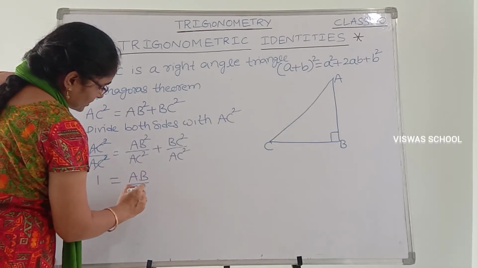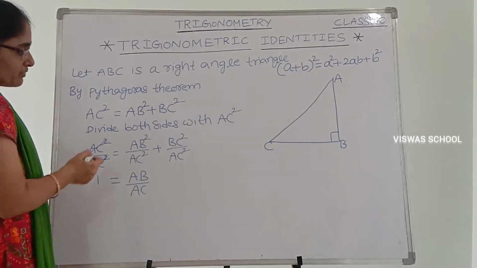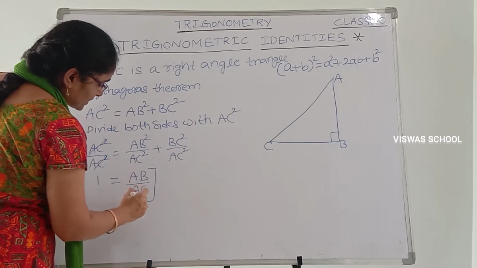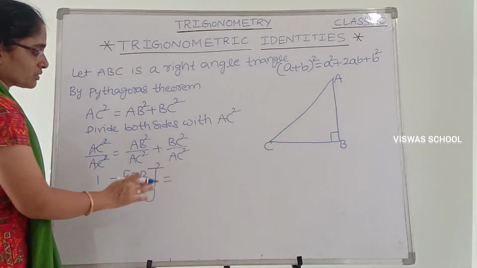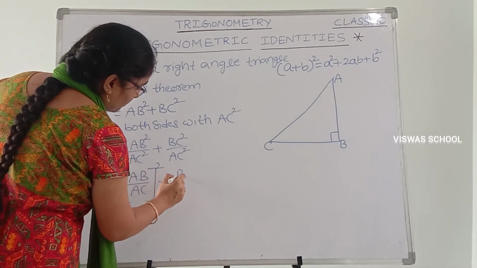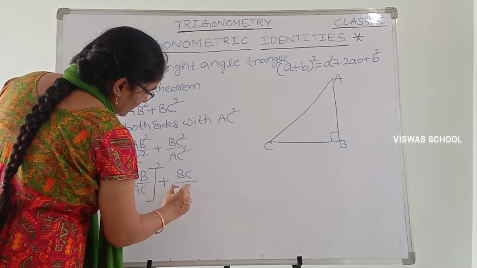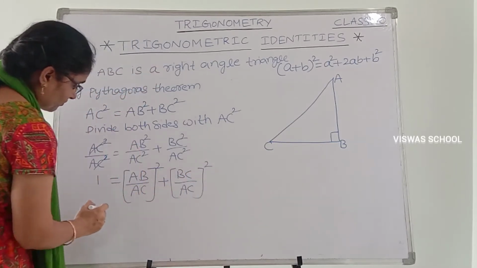1 is equal to, write this as AB by AC. Here AB square and AC square, numerator and denominator both have square. That's why I am writing this as (AB by AC) whole square plus (BC by AC) whole square.